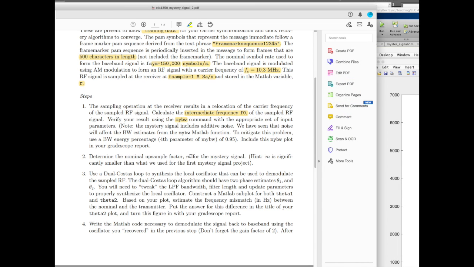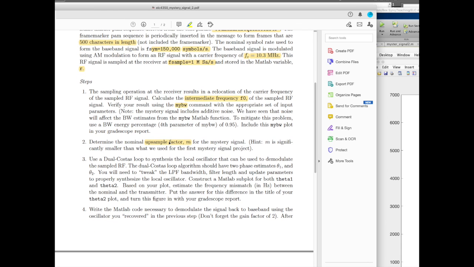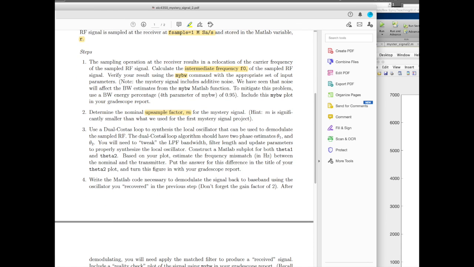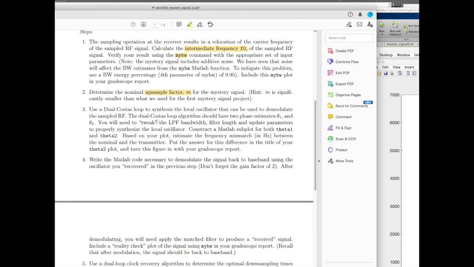Next, this is a really pretty easy step. Determine the upsample factor M. This would be the nominal upsample factor, and it turns out the real upsample factor used at the transmitter doesn't match the nominal. So we're going to need some algorithms to take care of that. It turns out also the real intermediate frequency doesn't match f0. So we're going to use a dual Costas loop to synthesize a local oscillator.